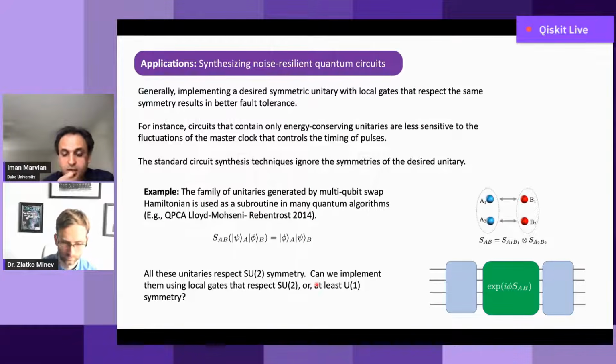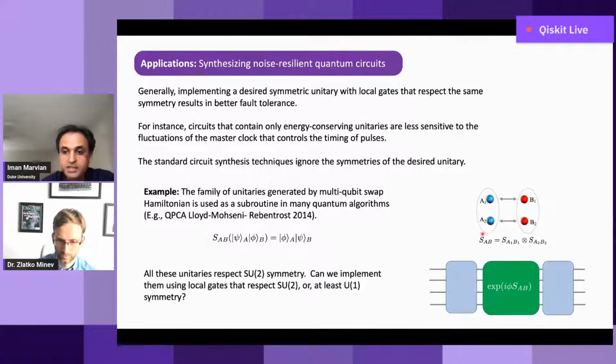And here is a concrete example. There is a family of unitaries generated by multi-qubit swap Hamiltonian. So this is a useful subroutine in various quantum algorithms, including QPCA in this paper from 2014. So this family of unitaries essentially implement the swap Hamiltonian. Swap is, of course, a unitary, but it's also a Hermitian operator, so you can think of it as a Hamiltonian.